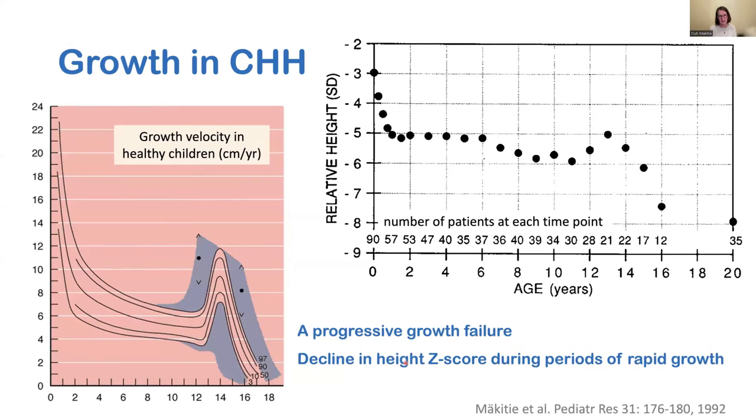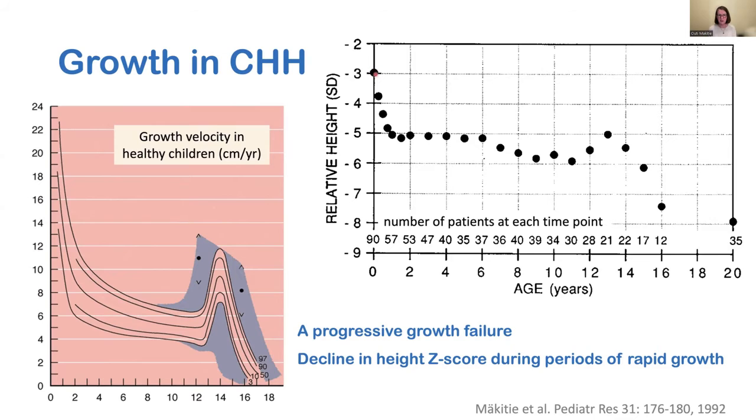And what is then the growth pattern? We know from pediatric endocrinology that the growth is extremely rapid immediately after birth, during the first weeks of life, and then again during puberty, when there is a growth spurt. And these are exactly the times when the growth deviates from normal in cartilage-hair hypoplasia. And this is from our old study from 30 years back, showing relative height in a large cohort of Finnish patients with cartilage-hair hypoplasia.